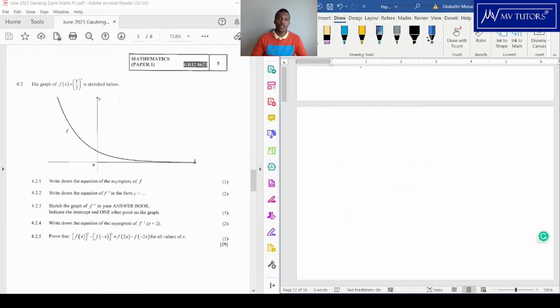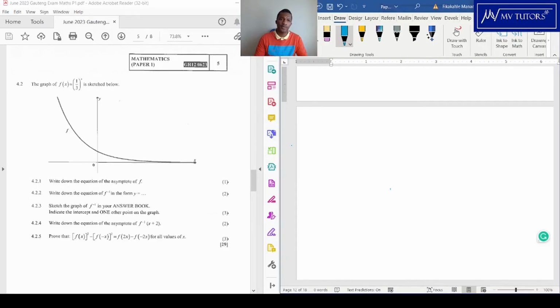Now let's go to 4.2. We're on question number 4.2. Write down the equation of the asymptote of f. The graph of f of x is sketched below. Okay, 1/3 to the x. Now remember what an asymptote is.